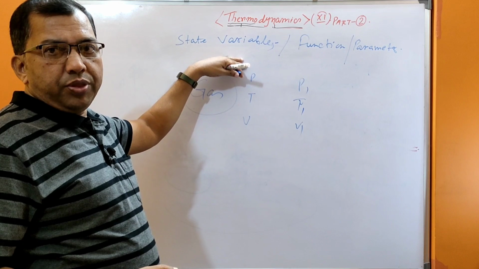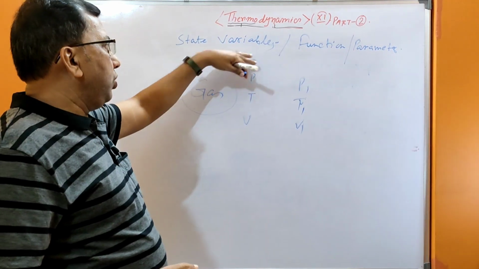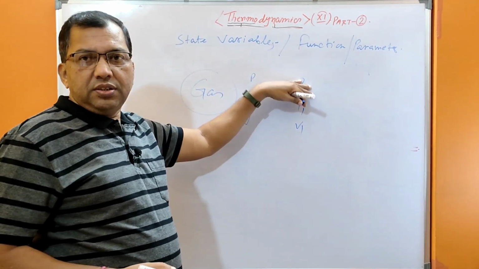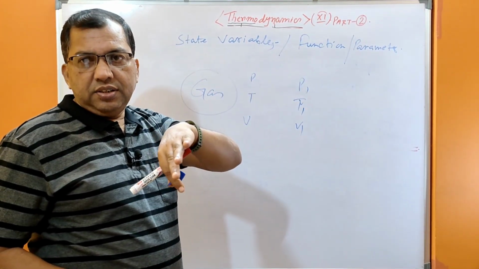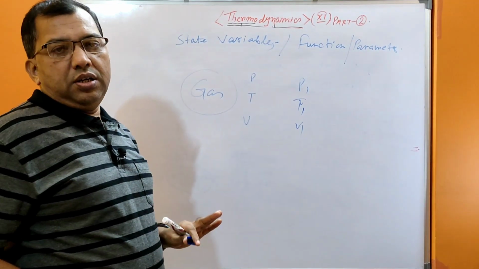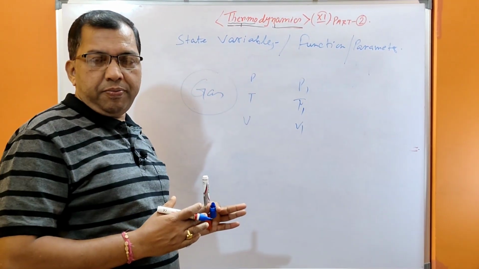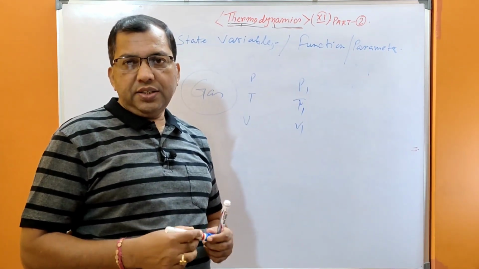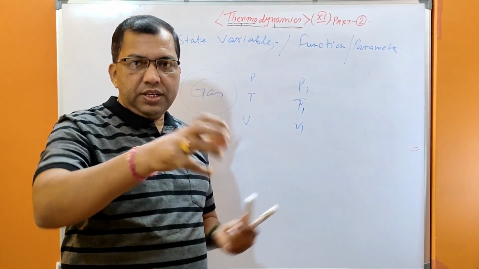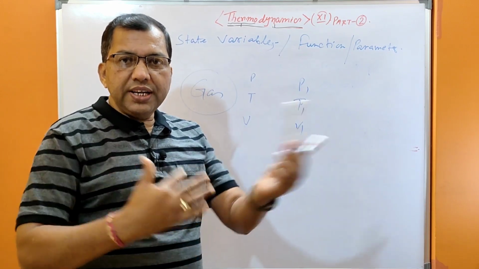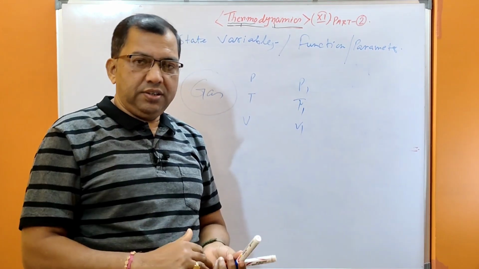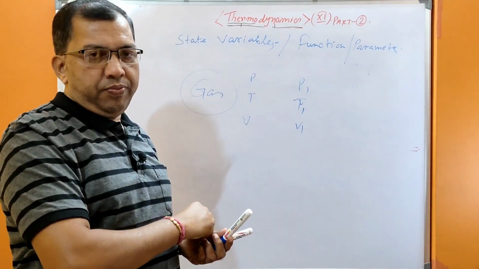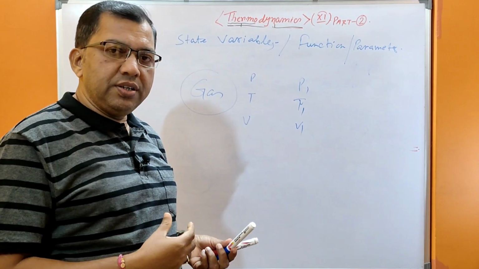The state refers to the initial state and the final state. Initial state refers to the starting state of the gas in equilibrium condition, and the final state is after interaction with surroundings, that is the exchange of matter or energy, or both, the system attains another equilibrium state, which is known as the final state.